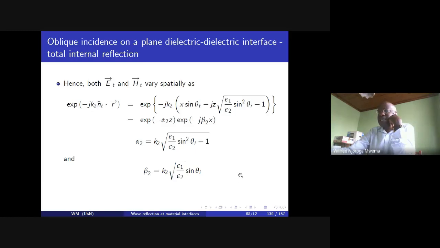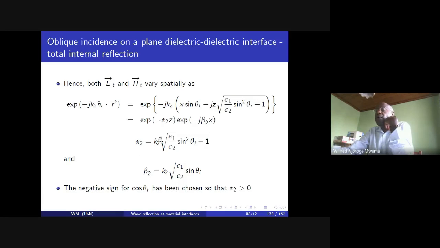It means that now the field that is transmitted into medium 2 will decay with distance from the interface, while propagating in the positive x direction. So the negative sign for cos theta has been chosen so that we can make alpha 2 greater than 0, to show that we have attenuation rather than increase.